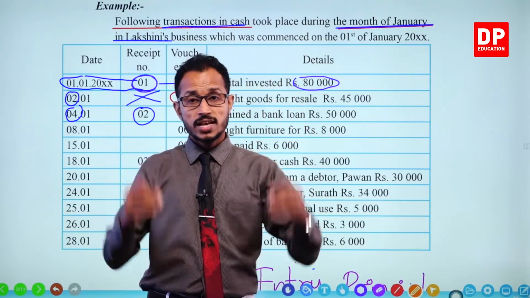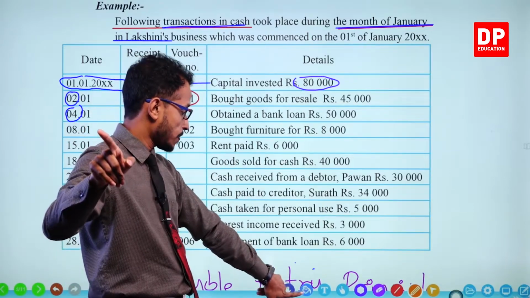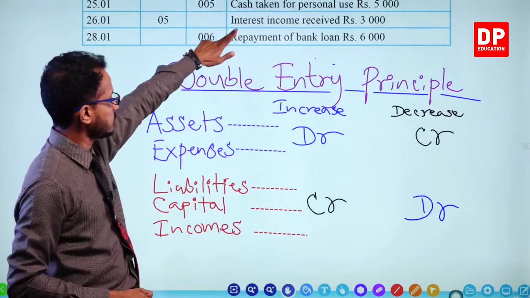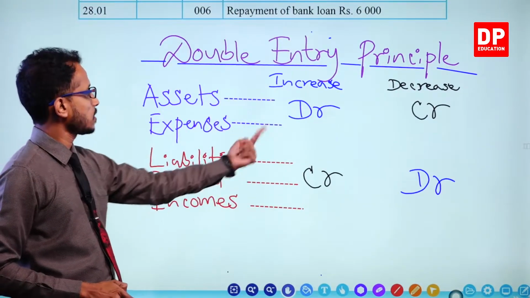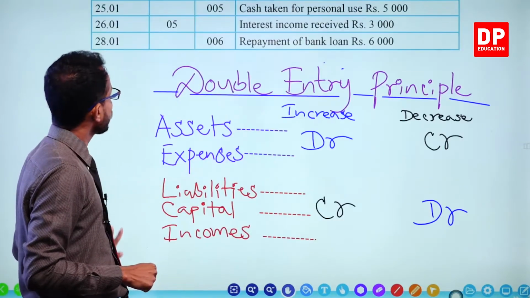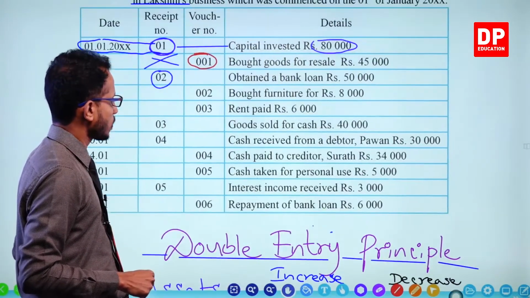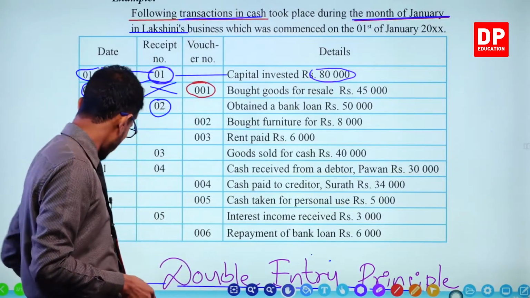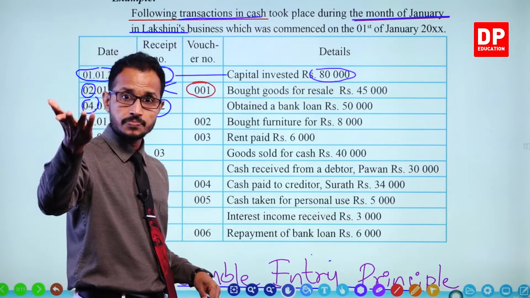And we know that when cash increases, debit, but when liability increases, credit. Fine. So we are done with that. Now the double entry is clear to us, right?